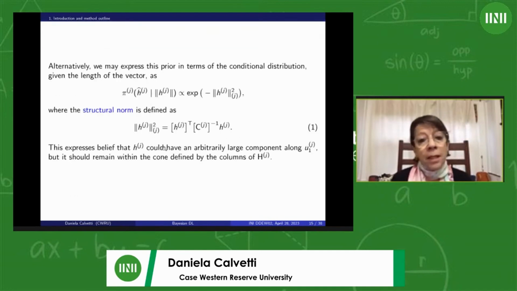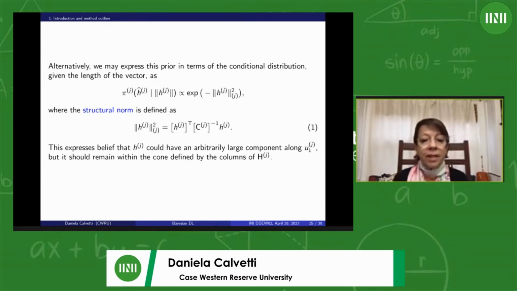So again, we can also express this in terms of a conditional distribution given the length of the vector. And if we want to express in words what these formulas are saying, these are the formulas that we are using to compute the second vector that enters in the minimization.